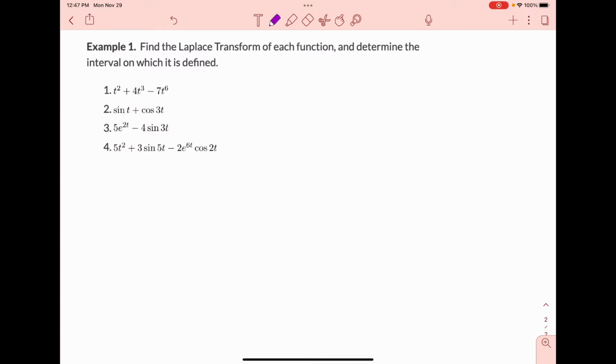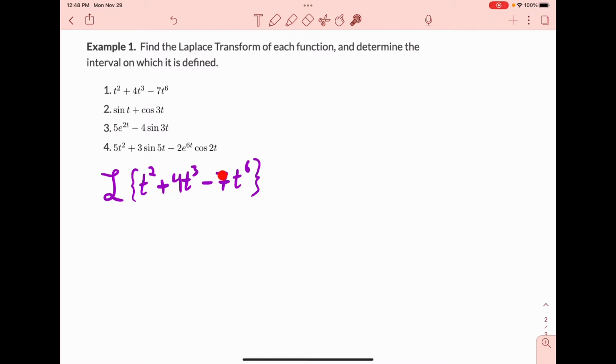Find the Laplace transform, that's like this script capital L, of the function t squared plus 4t cubed minus 7t to the 6. Now, the nice thing about Laplace transforms is they obey this principle called linearity, and that means that when you're taking the Laplace transform of a bunch of terms added or subtracted, you can split it up into the Laplace transform of each term.